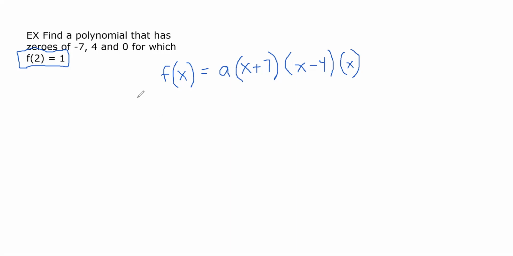So let's just impose the rule. f of 2, which means we plug a 2 for x into this business. So it's going to be A times 2 plus 7 times 2 minus 4.